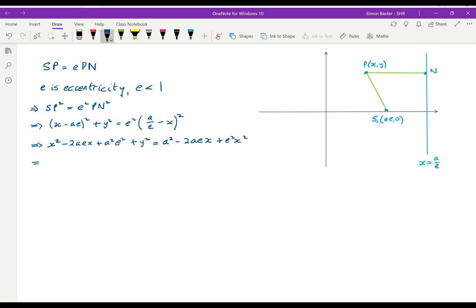Well, we have minus 2aex on each side. That disappears. Subtracting x squared e squared from each side. Keep the y squared and subtract a squared e squared.